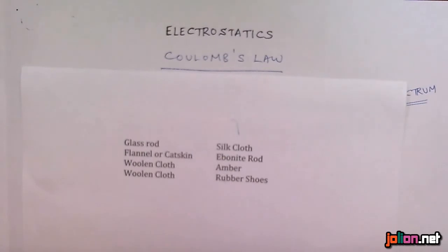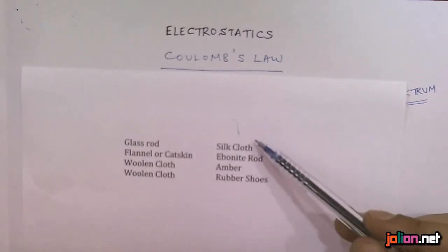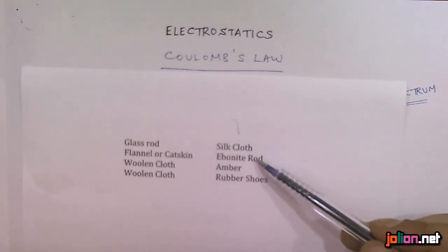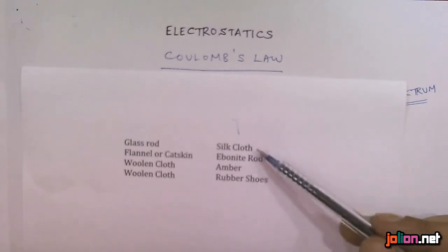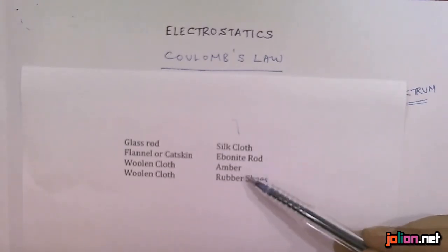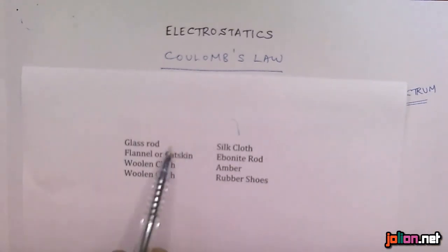The other important observation that the researchers made was that the items of the same group repel each other. So the silk cloth would repel the ebonite rod would repel the amber, and so on. Similarly, the items in this group would repel each other too.